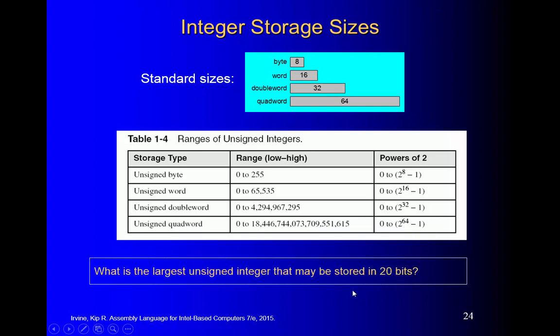Here we have a challenging question. If you want to save an unsigned positive number using only 20 bits, what's the largest number you can have?